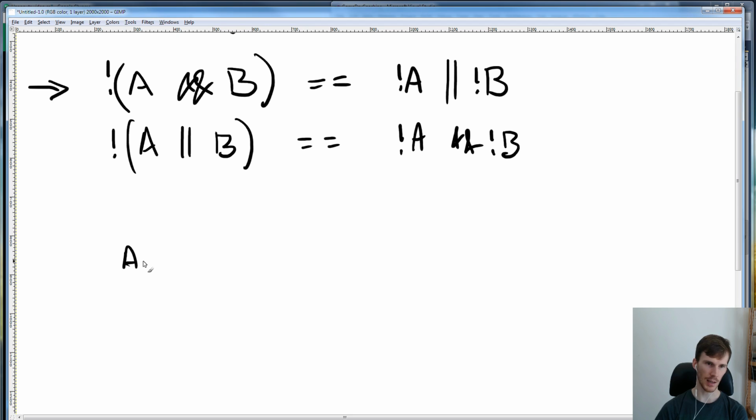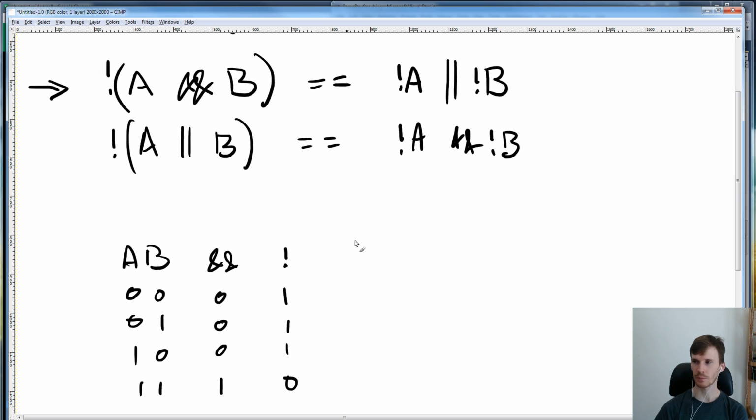If you've got A and B, so we've got 0 0, 0 1, 1 0, 1 1, and we have them ANDed together, that's 0, 0, 0, 1, and then we take the not of them. That would be 1, 1, 1, 0.